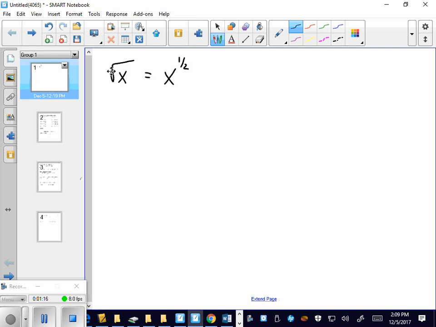So just know that if you see a square root, it means a 1/2 power, or vice versa. If you see a 1/2 power, it means it's the square root of that thing. So an example of that would be 9 to the 1/2 power is the same thing as the square root of 9. It works both ways.